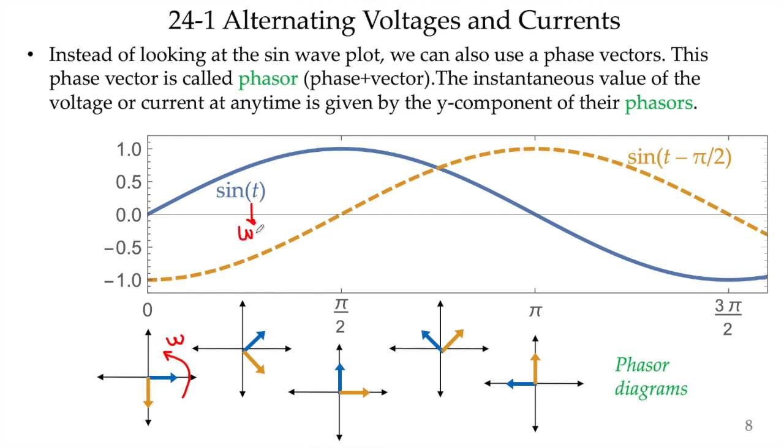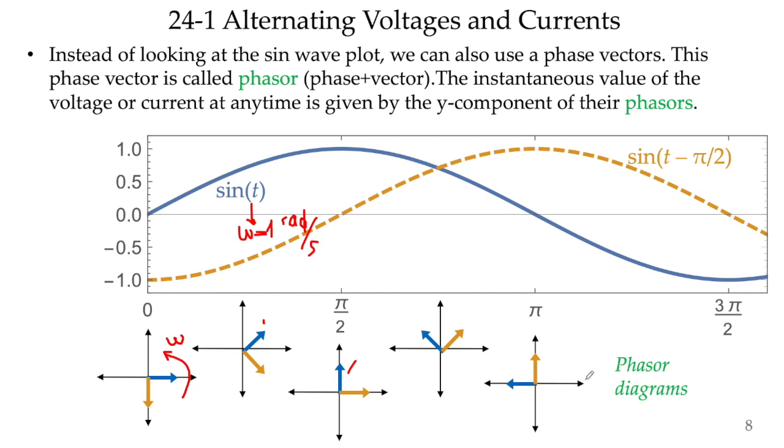In this example, omega is 1 radian per second. Now look at this one. When it rotates 45 degrees, it becomes like this. When this rotates 45 degrees, it becomes like this, and so on and so forth.